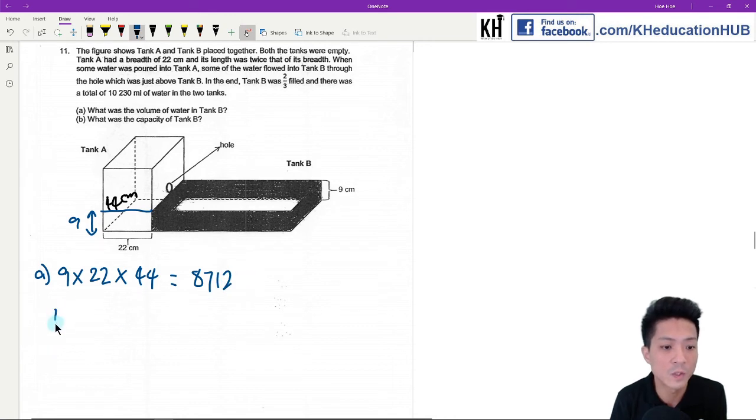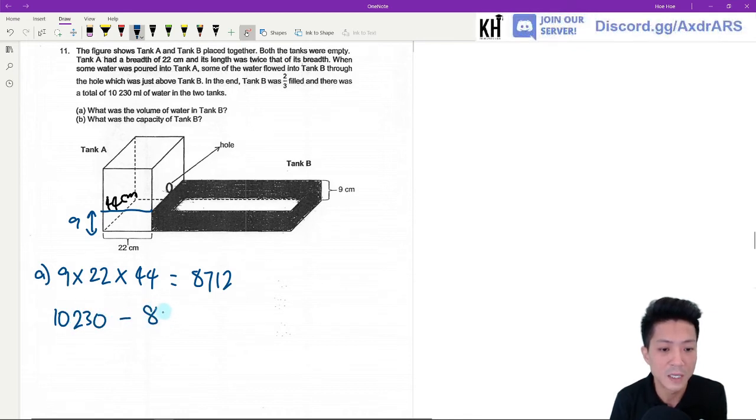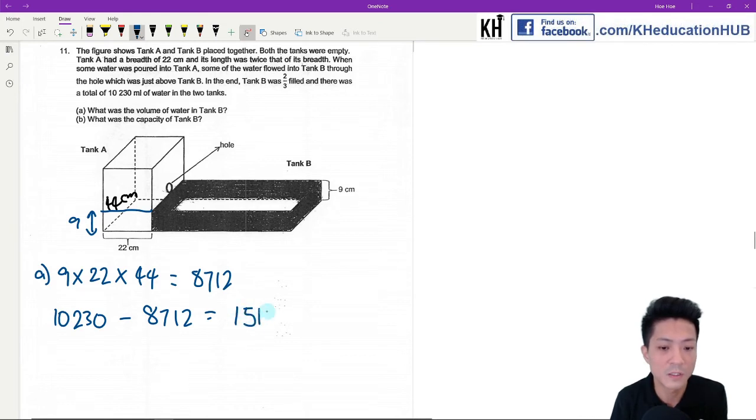So now we're going to use the total amount of water minus 8,712. Okay, it's going to give me 1,518 ml. Okay, this is the answer for part A.